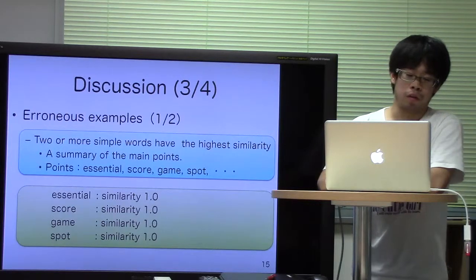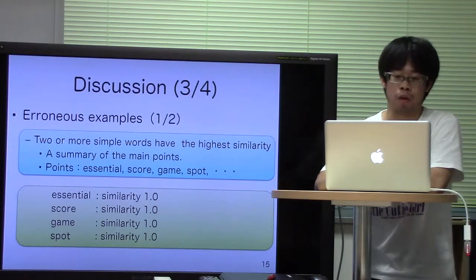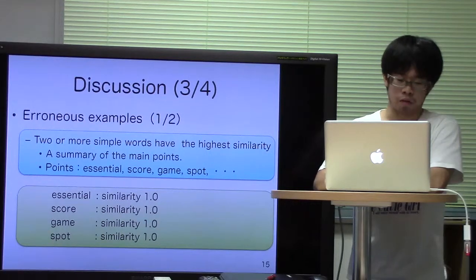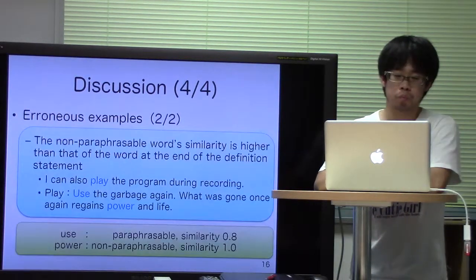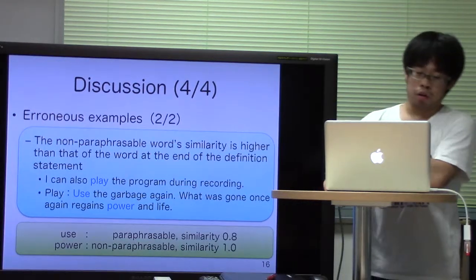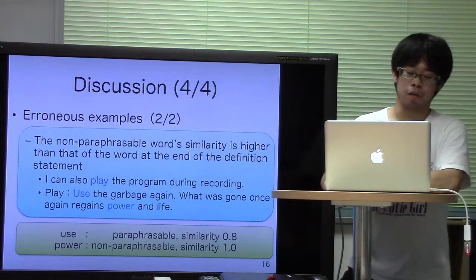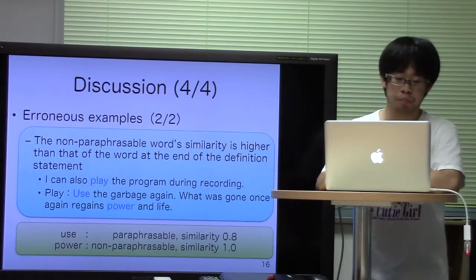The target word is selected at random because 2 or more simple words have the highest WordNet similarity with the original word. 2. The non-paraphrasable word's similarity is higher than that of the word at the end of the definition statement.